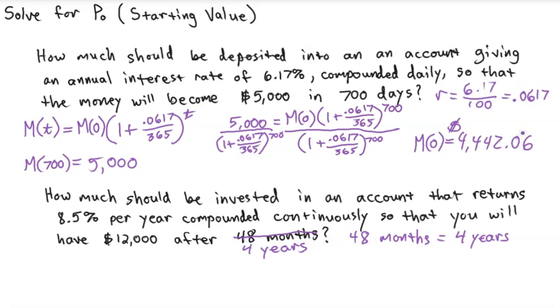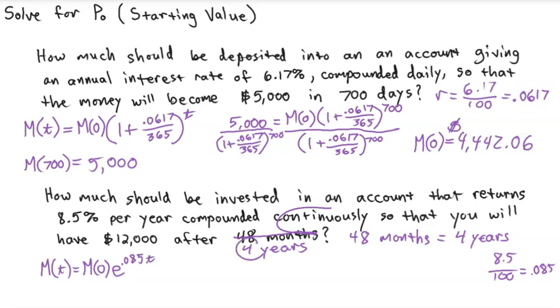All right, and so our M of t, well, we need to get our rate. Our rate is going to be, we got to do 8.5 divided by 100, and that's equal to 0.085. And so M of t, our ending value, is going to be equal to our starting value, which is M0, times e, because it's continuously, e to the power of 0.085 t, okay?